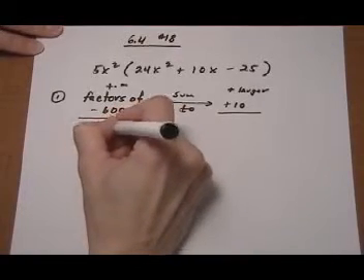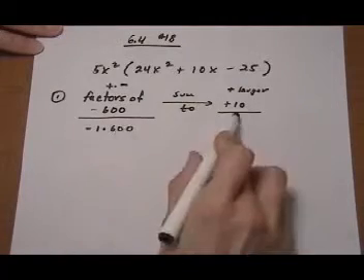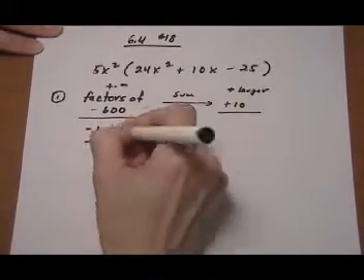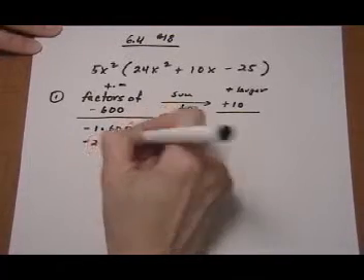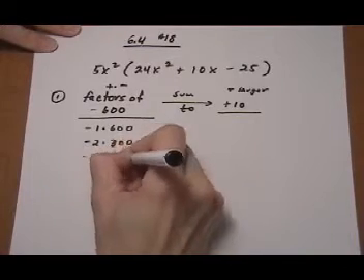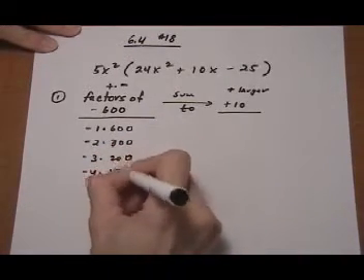So minus 1 times 600. All right, I'm making the larger factor larger so that I can get my positive 10 middle. Then I have minus 2 times 300, minus 3 times 200, minus 4 times 150.